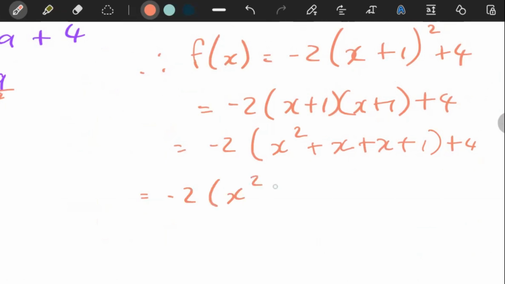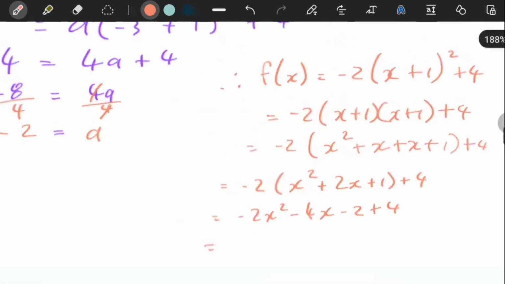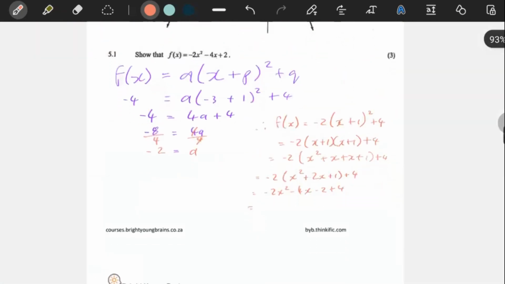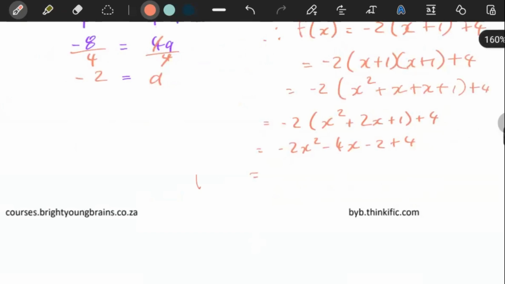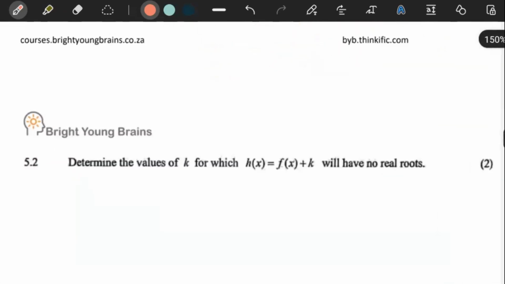This is x squared plus 2x plus 1 plus 4. Multiply the negative 2 inside. This is what you have. And then if you simplify, it's definitely going to give us what we have there. F of x, negative 2x squared minus 4x plus 2. These are all very easy questions. There have been 1 or 2 questions within the exam that have been difficult, but these are just very easy.